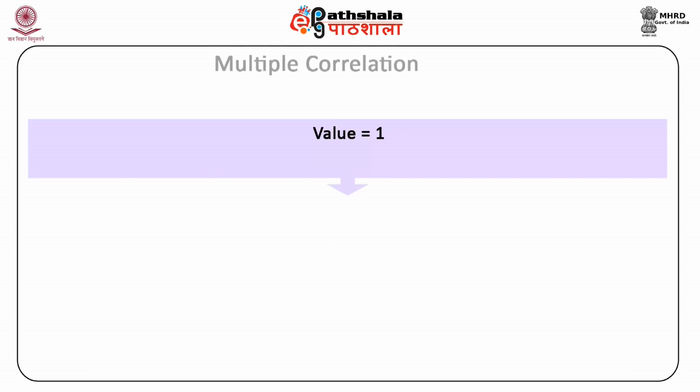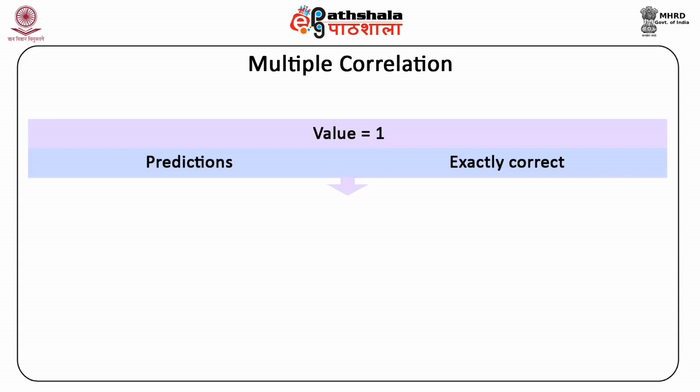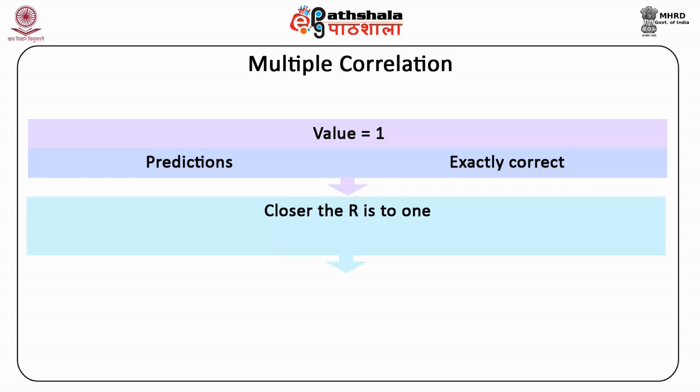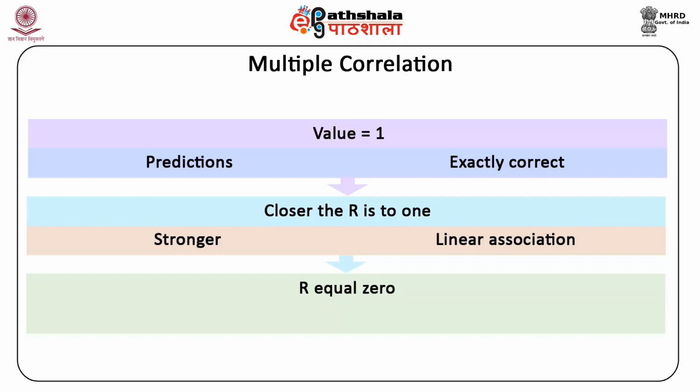Its value 1 indicates that the predictions are exactly correct, and a value of 0 indicates that no linear combination of the independent variables is a better predictor than the fixed mean of the dependent variable. In other words, the closer R is to 1, the stronger the linear association, and if R equals 0, then there is no linear association between the dependent variable and the independent variables.